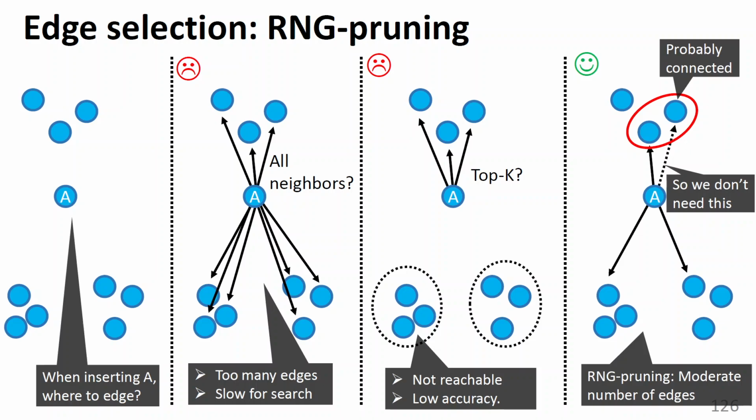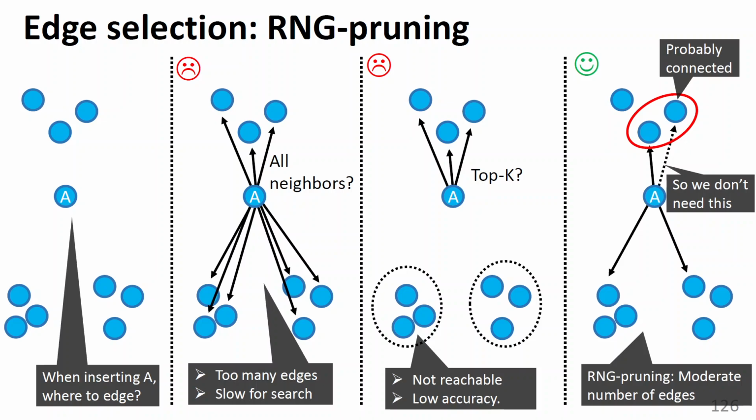If we find all its neighbors within some distance threshold and connect all of them with edges, you see this will be too dense. It will make your graph too complicated.